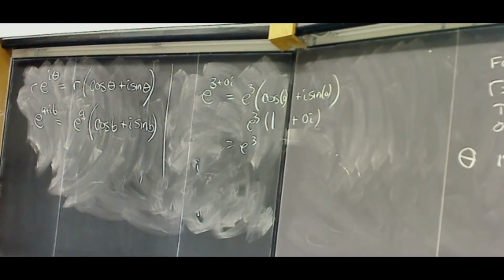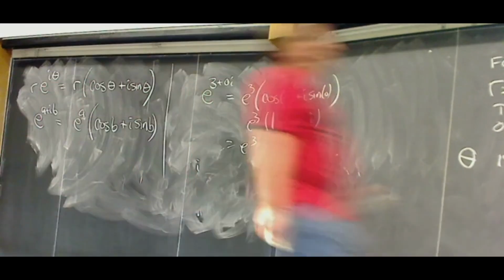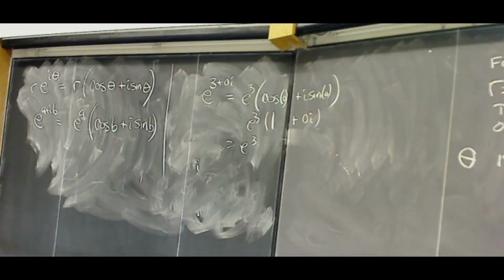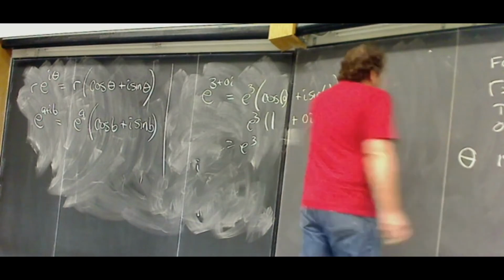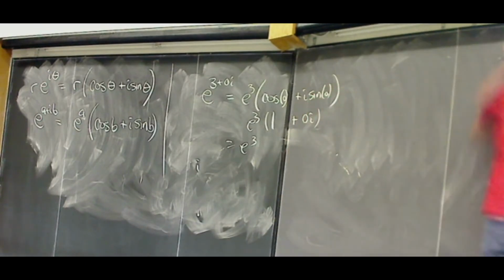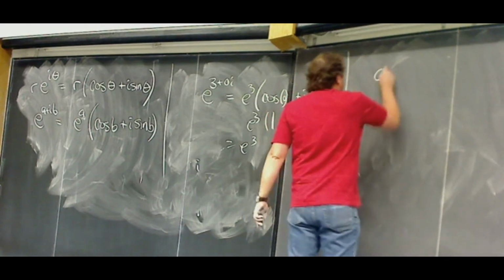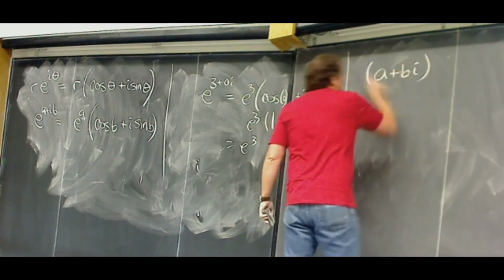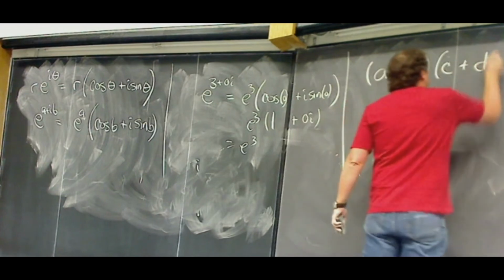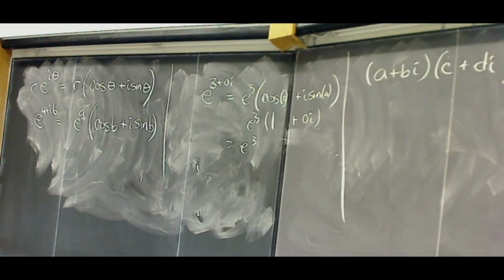Why did I do this? Well, let's think about this statement in this context. If I take my polar coordinates, so if I want to multiply two numbers like this, now again, you can just do the algebra, but just like we always do in math, we make things harder so that they get easier later.